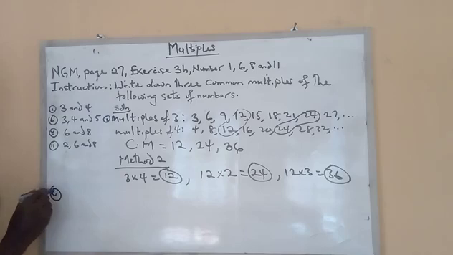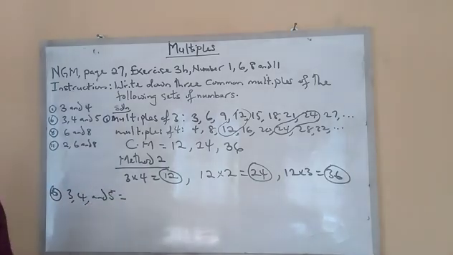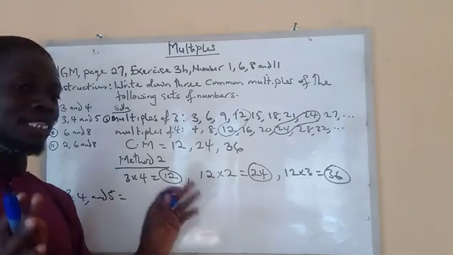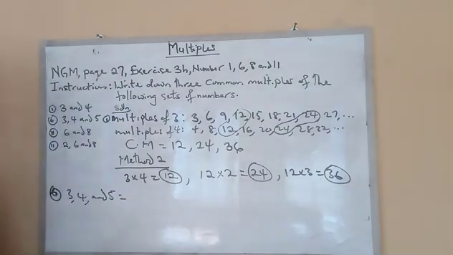Let's move to the second one, which is 3, 4, and 5. In this case, we are going to be applying the short method. Don't forget, the objective of this class is to make things simple for us, and the short method is our feature of simple things. So for us to do this, we also multiply.